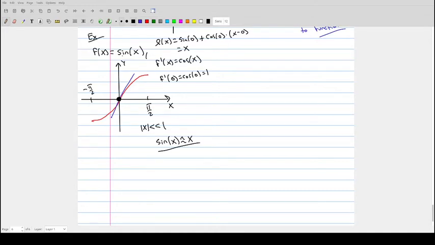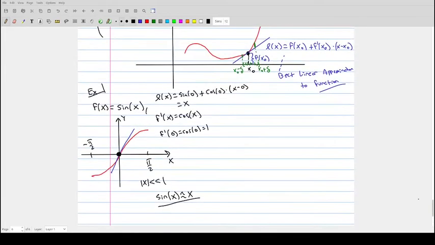The reason we can do stuff like this is because sine of x is a differentiable function at this point. So its linearization at any given point is approximately equal to the value of the function at the point. If instead you consider a different example, we'll use the standard example in most Calc 1 classes for a function that's not differentiable, and that's the absolute value function.